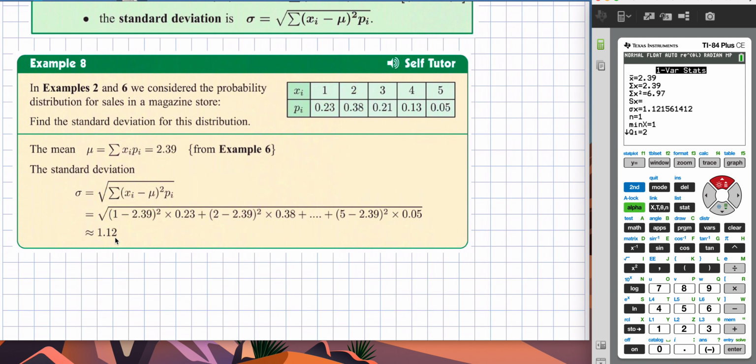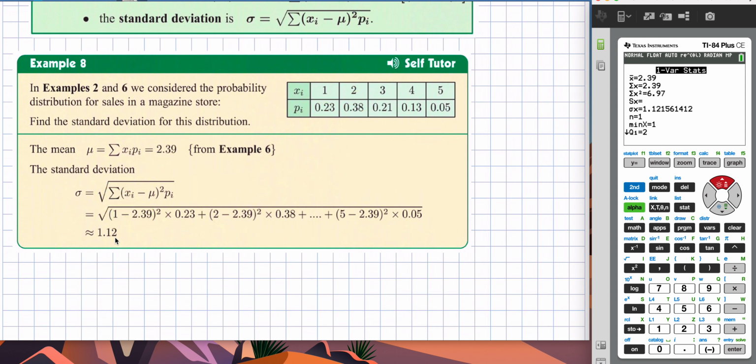But it's saying pretty much 68% of the time, or 68 point, whatever it comes out to be, you're going to be within, sorry, this is about the magazines, isn't it? That the person's going to buy 2.39 magazines minus 1.12 and 2.39 magazines plus the 1.12. It's basically saying that about 68% of the time, the number of magazines bought is going to be between those two values. That's what it's telling us.